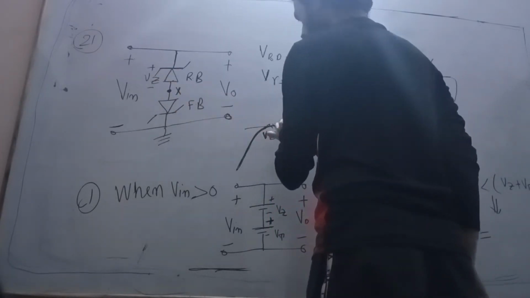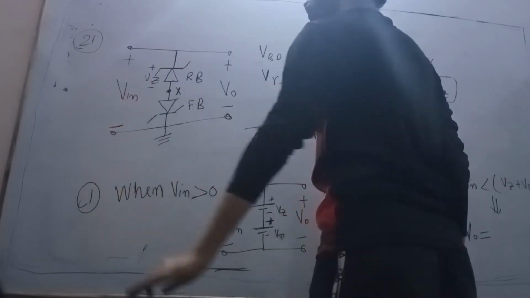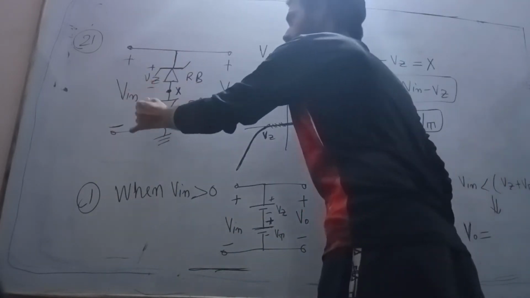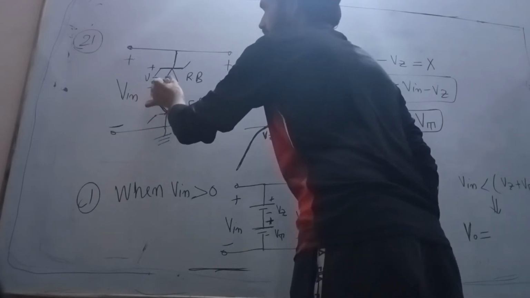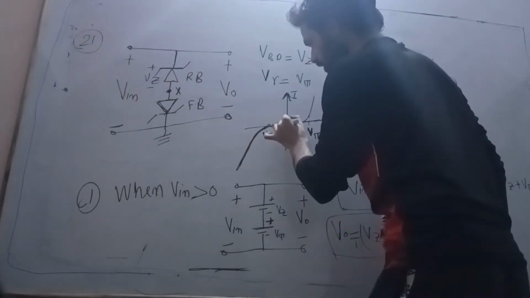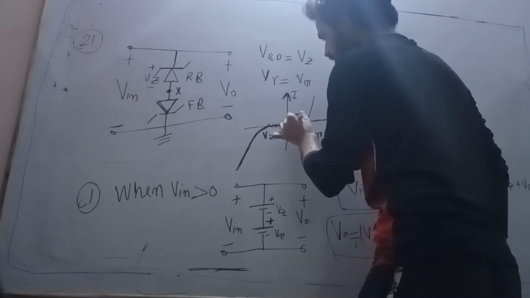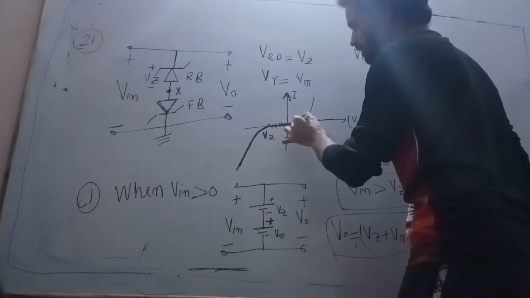If it is in reverse bias, no current will flow through this diode. So this diode will become meaningless when it is not in breakdown region, because then it does not matter at all.